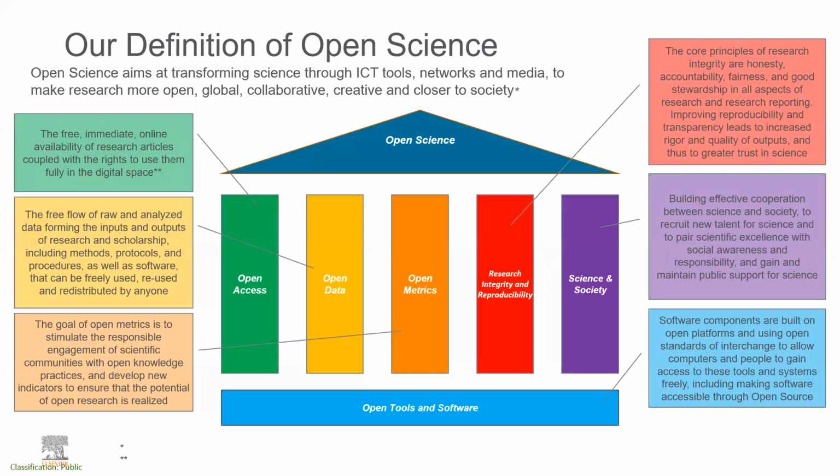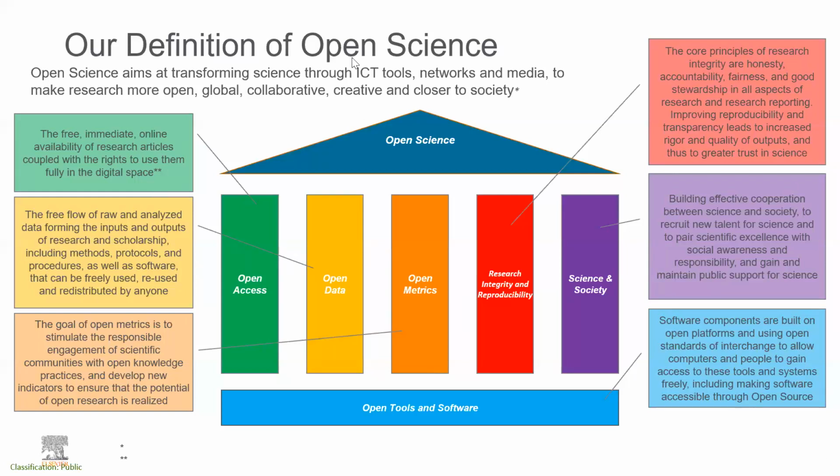It goes on with various pillars like open access, open data, open metrics, research integrity and reproducibility, and science and society. In general, open science goes along the same lines of what we're discussing about visibility. It also goes about science that's more useful, more accessible to the entire research community and society in general.